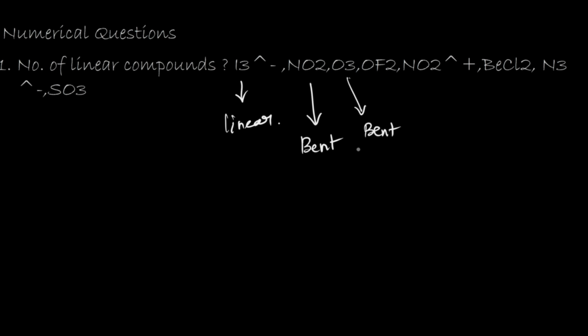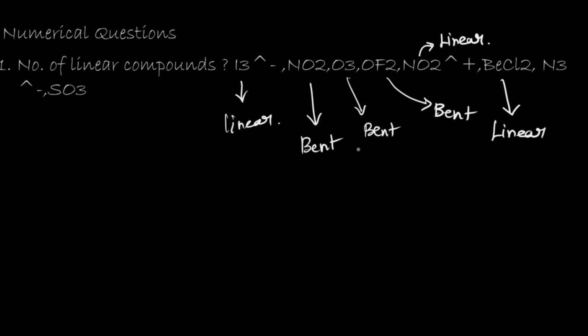Again, talking about ozone, that is also bent, not linear. OF2 is also bent. What about NO2 plus? It takes a linear position and it undergoes resonance as well. BeCl2 is linear, we know that very well.